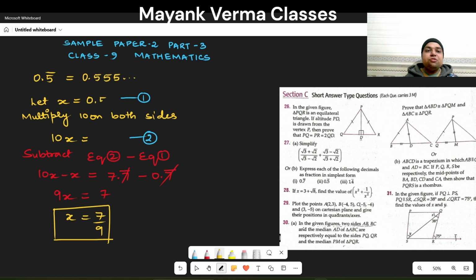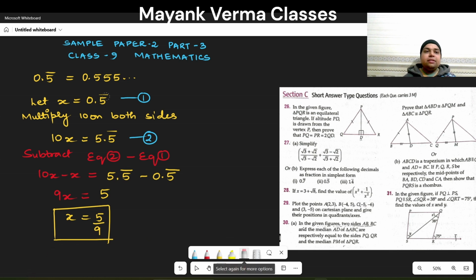So we will assume it as 0.5 bar, multiply both sides with 10, it will become 5.5 bar, and this thing will become 5.5 bar minus 0.5 bar. Now the last step, this will become what? It will become 5 only. Okay, and it will become 5 by 9. Okay, so this will be the result for second part.